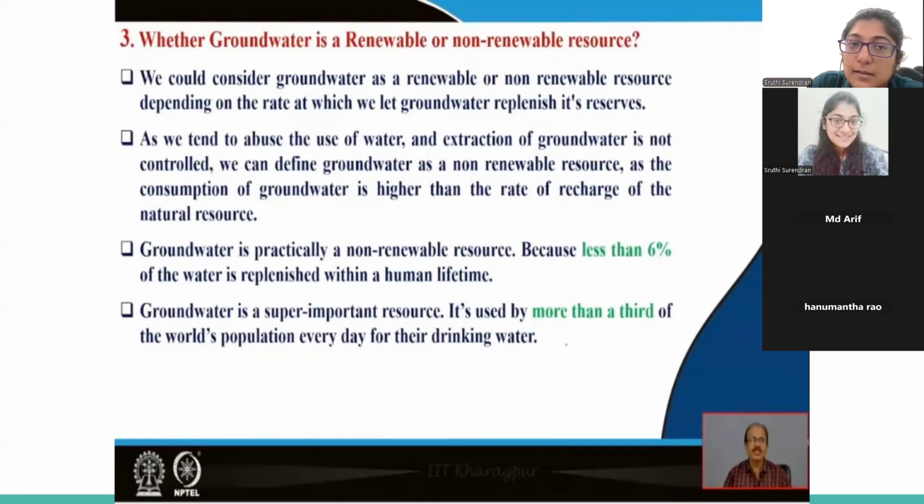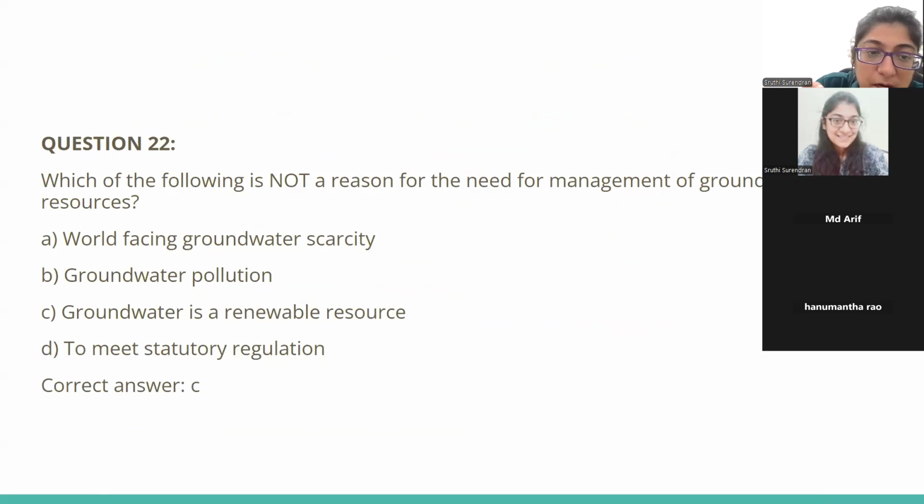So that is why we say that groundwater, although it consists of water and water is always persisting in some form or the other, has to be considered a non-renewable resource, because only a very little percentage of the utilized water is being replenished. So 'groundwater is a renewable resource' is the wrong point here. All the other remaining three points are reasons why we need proper groundwater management techniques.